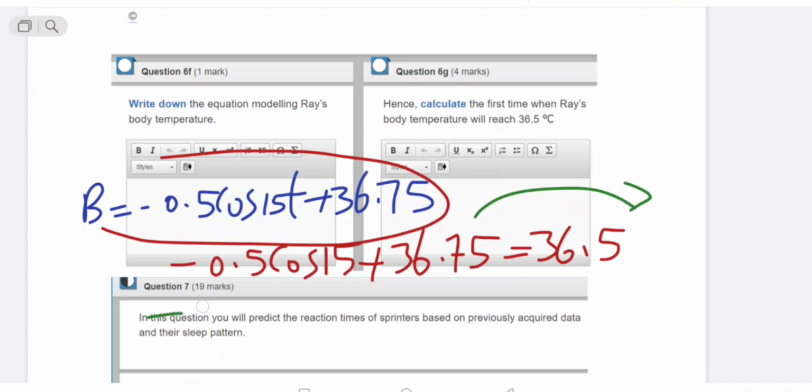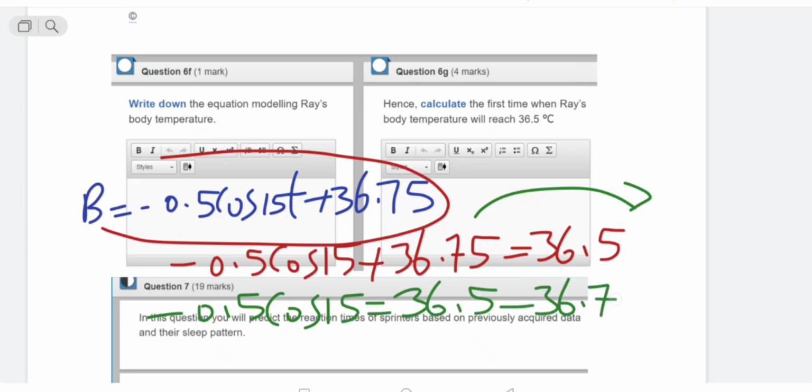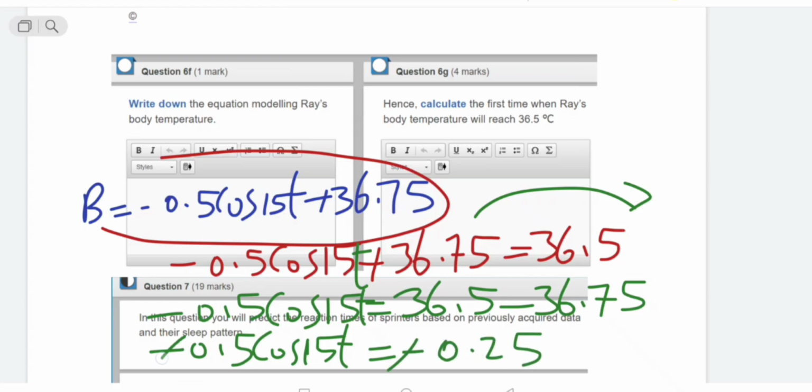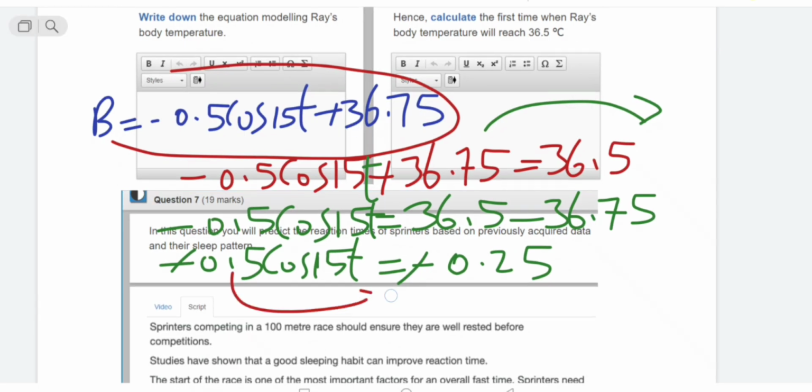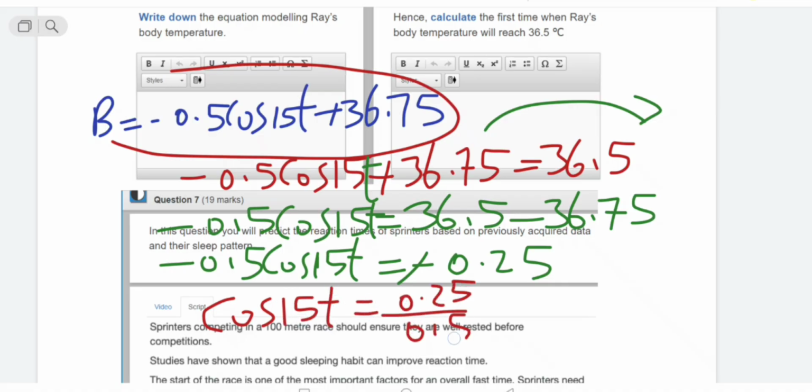First I will take this one to the other side. So minus 0.5 cos 15t equals 36.5 minus 36.75, which in the calculator is minus 0.25. The minus signs cancel, so the 0.5 goes to the other side: cos 15t equals 0.25 over 0.5, which is equal to 0.5.